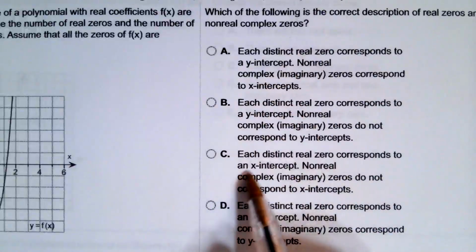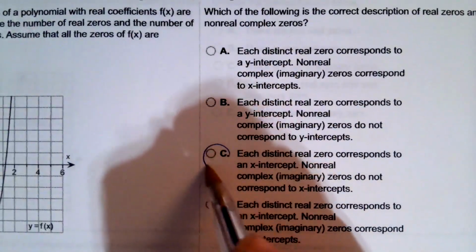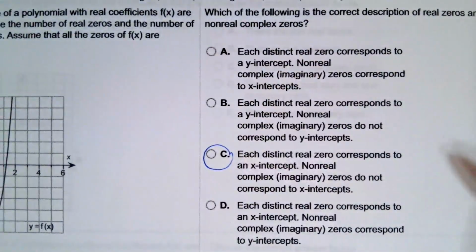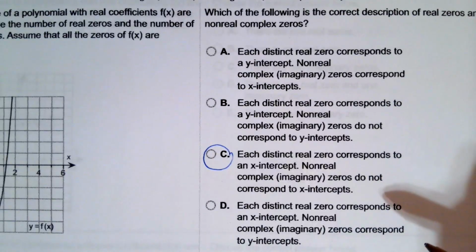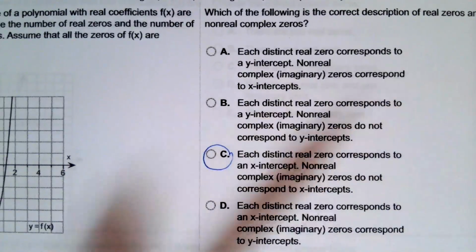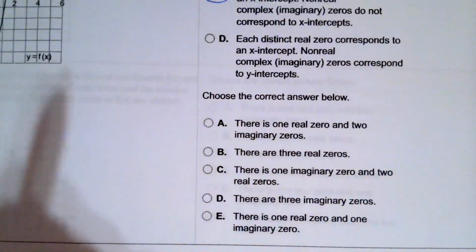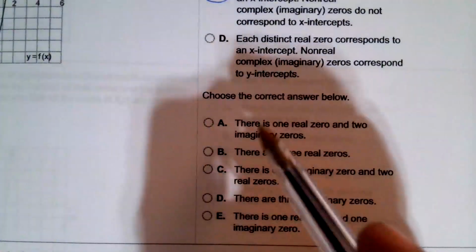So this is going to be answer choice C, which says each distinct real zero corresponds to an x-intercept. Non-real complex imaginary zeros do not correspond to x-intercepts. So this problem has 1 real zero and 2 imaginary zeros for a total of 3.